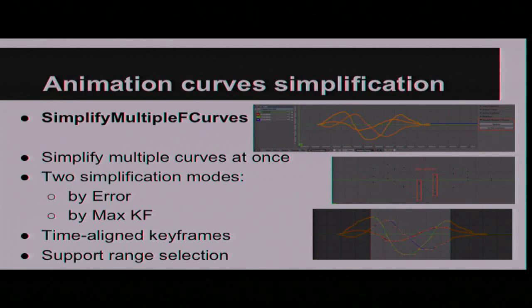We wanted to be able to select multiple curves and simplify them at once with the keyframes of all the curves aligned among them, so that when you simplify a bunch of curves, all the keyframes of the different curves are aligned at the same timestamp. And this makes it easier, for example, if you want to then perform some time synchronization between the facial expressions and the body movement you recorded separately.